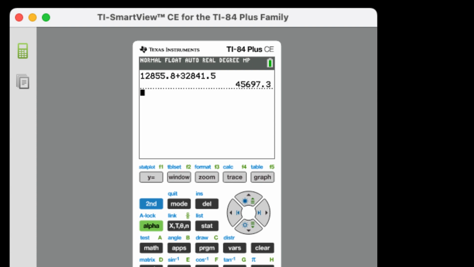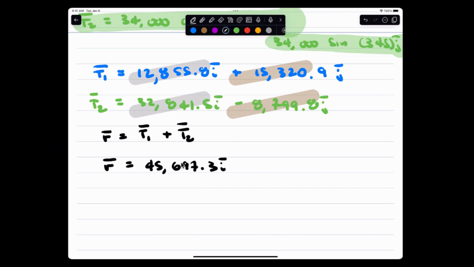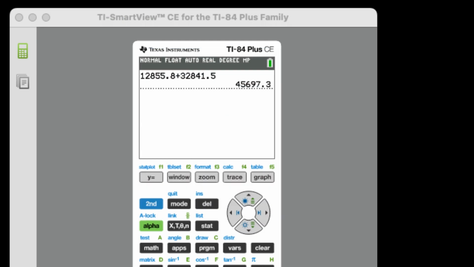Okay, that's to double check to see if I did my arithmetic okay. Right? That's the gray values. Let's do the brown or gold now. So double check. 15,320.9. And that's minus.